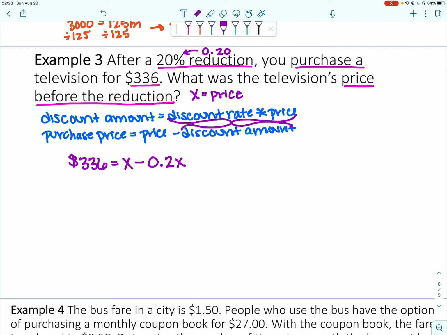So that's times X. So here's the price that I put here. And then the discount amount is found by taking the discount rate of 20% times the price, which is X.